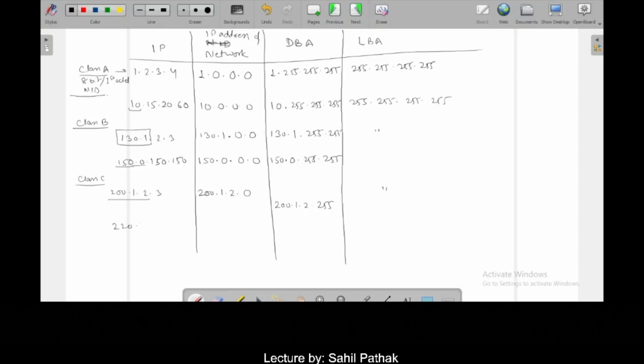Let us take one more example, let's say 220.115.1.10. Again, this belongs to class C, and the first 24 bits would be the network ID.